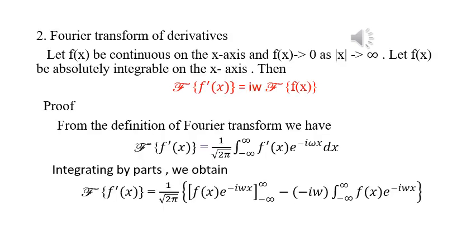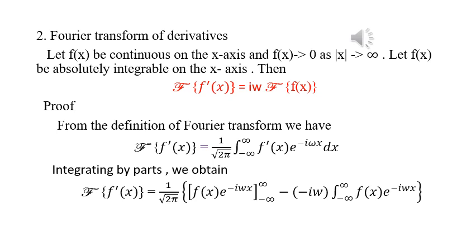Now let us see the second property, Fourier transform of derivatives. That is, if the given function f of x is continuous on the x-axis, and if as modulus x tends to infinity, f of x also tends to 0, and also f of x is absolutely integrable, then we will get the result: Fourier transform of f dash of x is equal to i omega Fourier transform of the function, that is f of x.